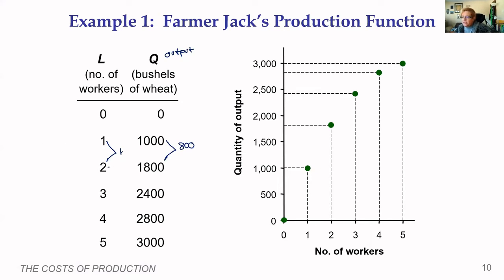Now notice that when we went from 2 to 3, marginal change of the workers was 1, and they only gave us 600 additional benefit. 3 to 4, again, 1 worker, they only gave us 400 additional benefit, and so on, and 200. Now we're going to talk about this idea here.